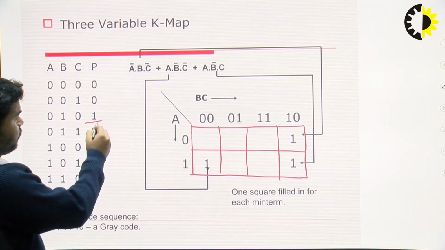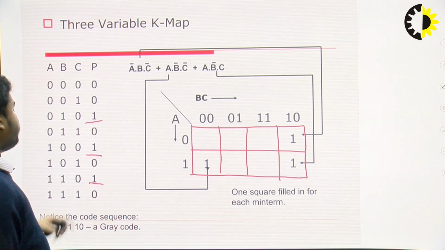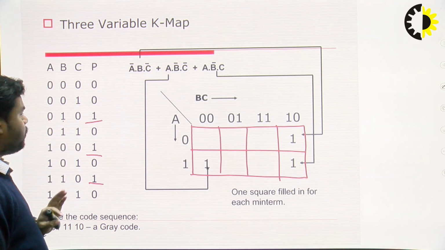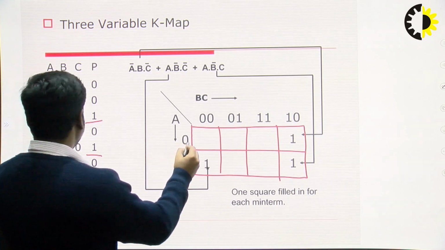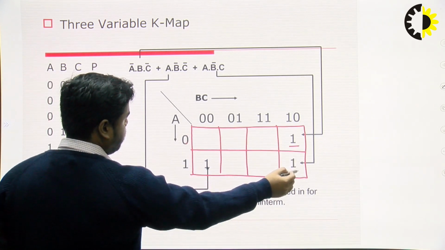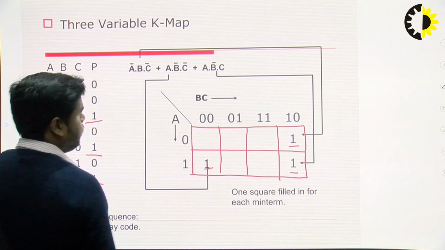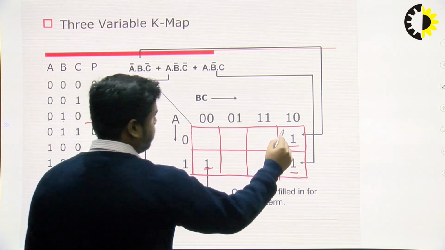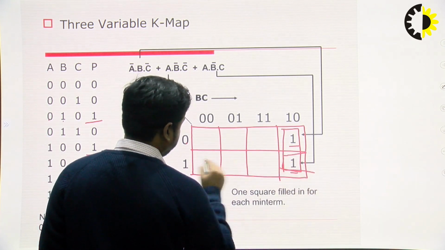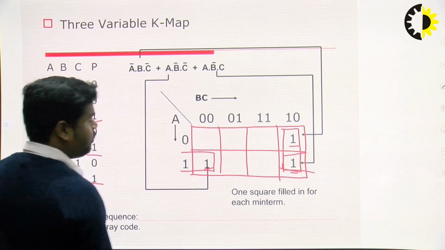There are three values where the 1 is pointed, so you have to check where A is 0, B is 1 and C is 0, means A bar is 0, okay, B is 1 and 0, this value, next is this value, next is this value. So you can reduce this by making this a pair and this one pair. Now you can reduce it.